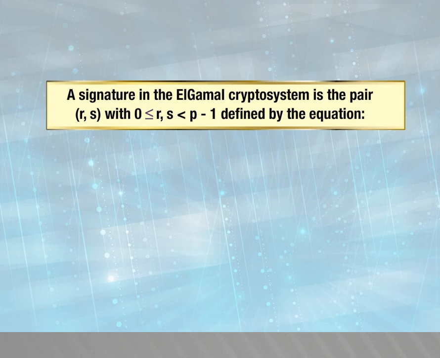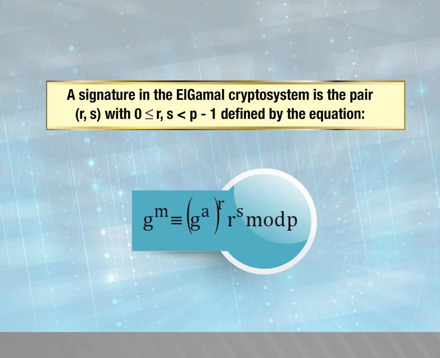A signature in the Elgamal cryptosystem is the pair (R, S) with 0 less than or equal to R, S less than p minus 1, defined by the equation G^M is congruent to (G^A)^R into R^S mod p.